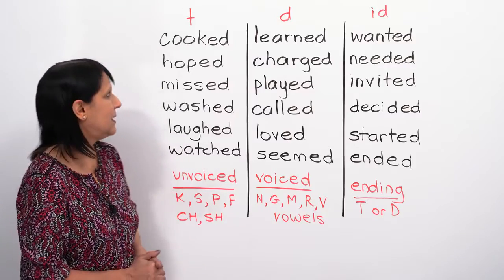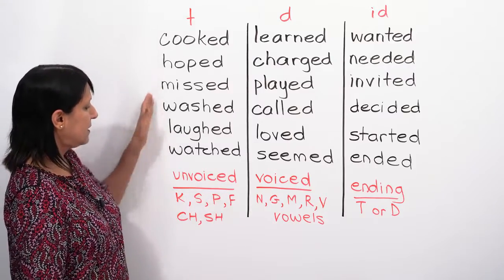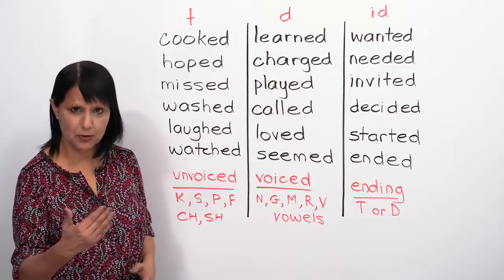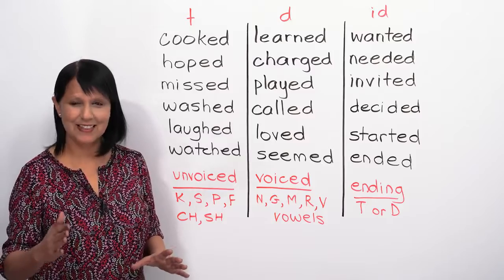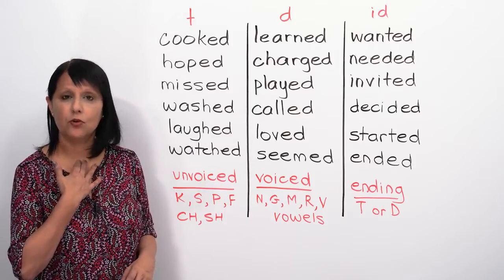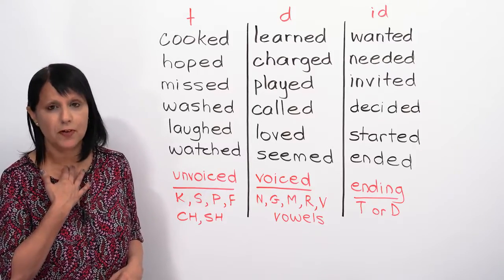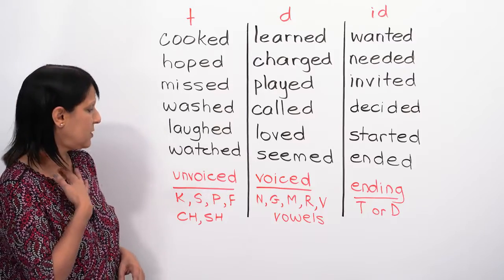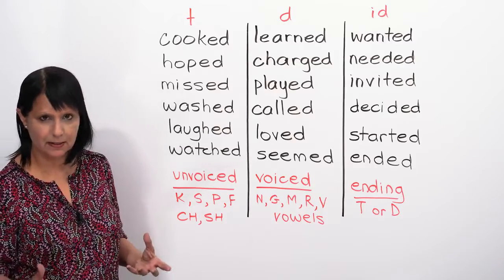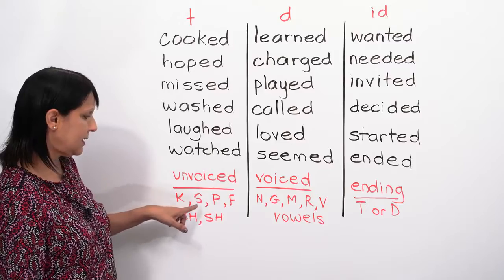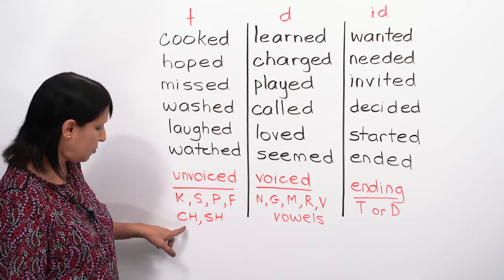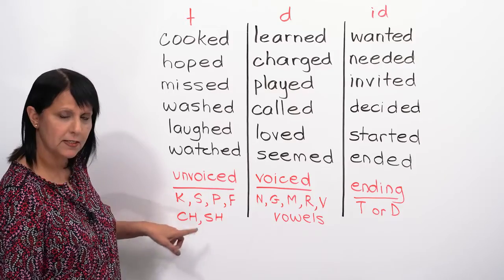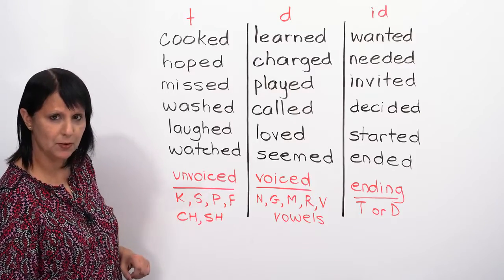Okay? Now, if the last sound at the base form of the verb is unvoiced, then that means that there's no vibration or almost no vibration. All right? When you say it. Consonants like those are K, S, P, F. Also words that end with a ch sound or sh sound.